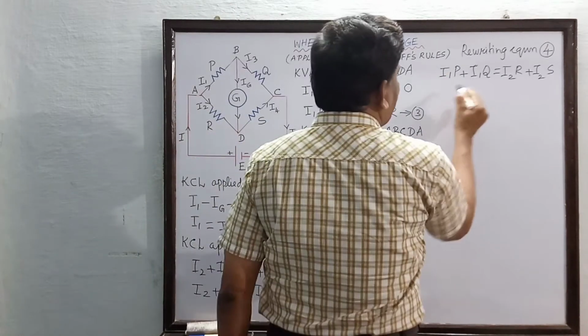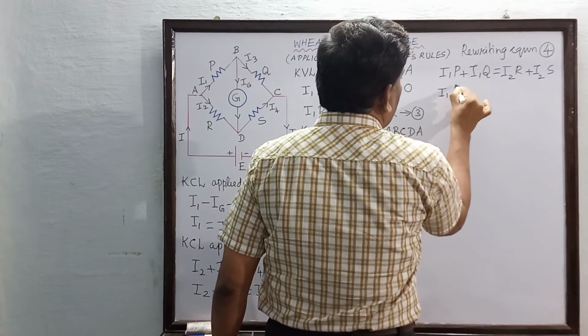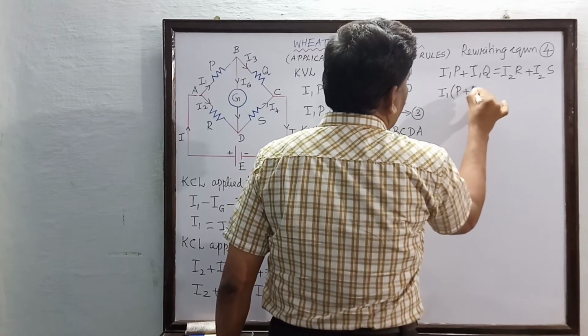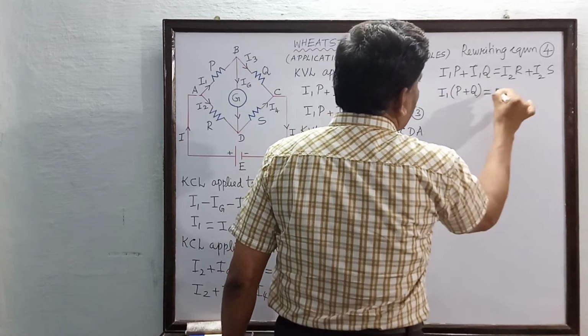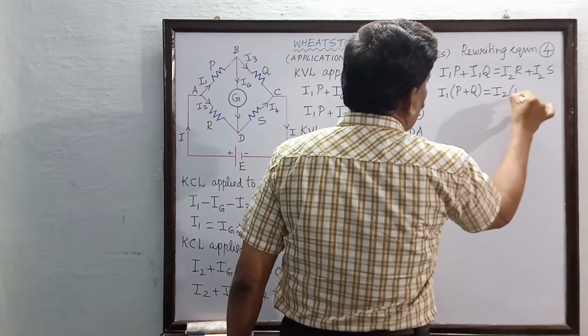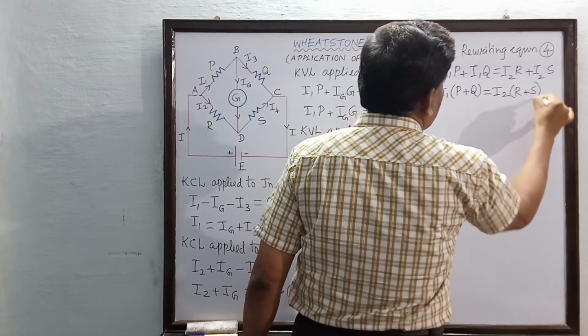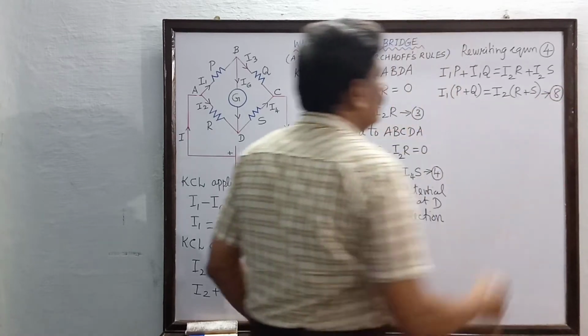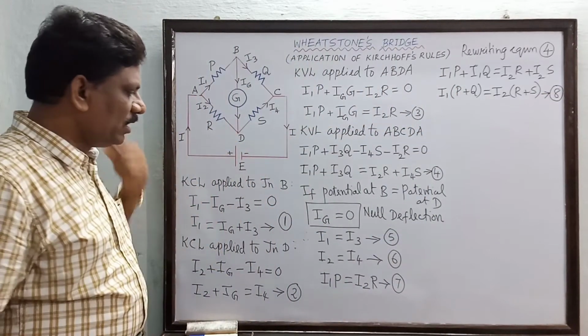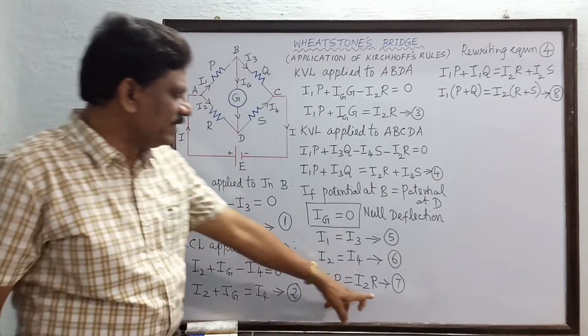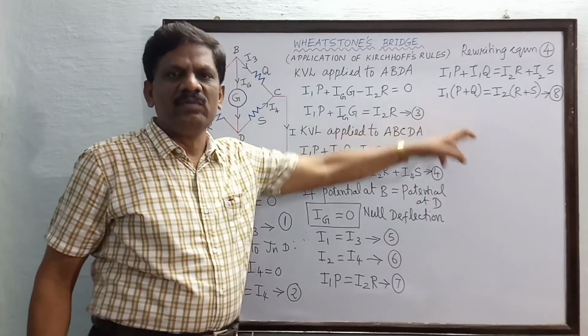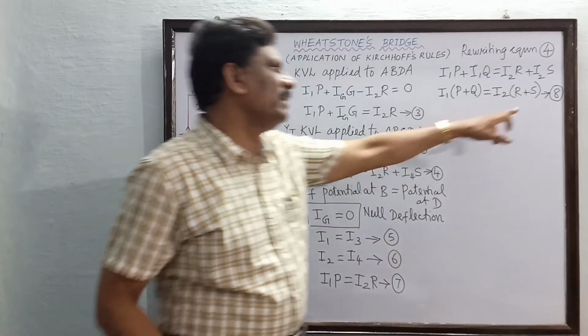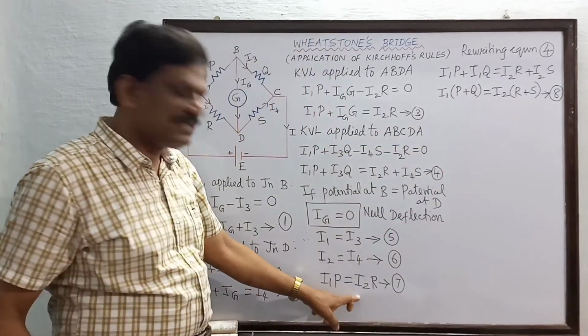On the left hand side the common factor is I1 into P plus Q. On the right hand side the common factor is I2 into R plus S. So this is now equation 8. Now look at equations 7 and 8. I am going to divide equation 8 by equation 7.